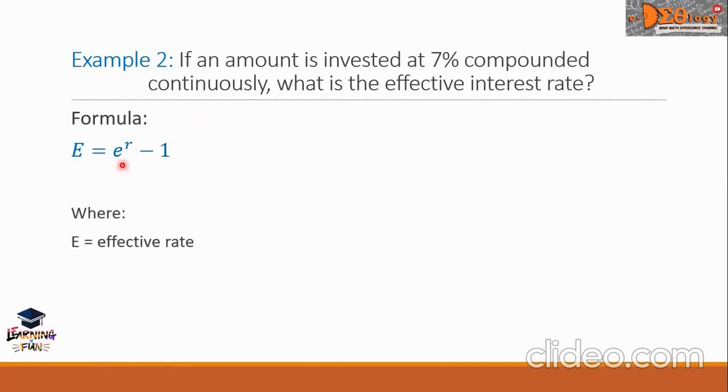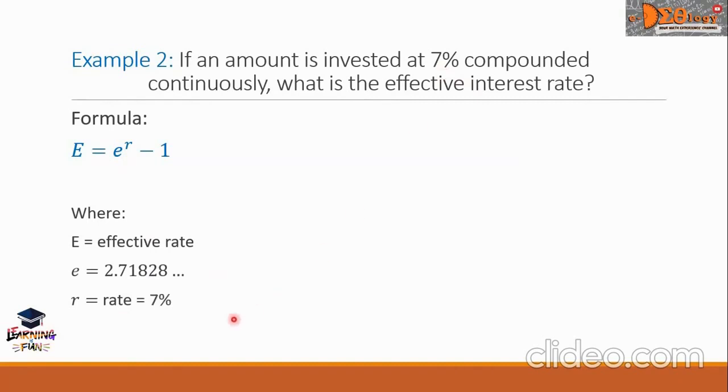The small e here is a special constant in math that is equal to 2.71828, and so on. We can get this value from our calculator directly. And the r is the rate that is given in the problem. In this case, our rate is 7%.